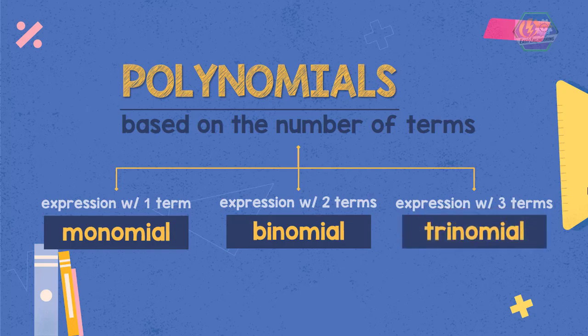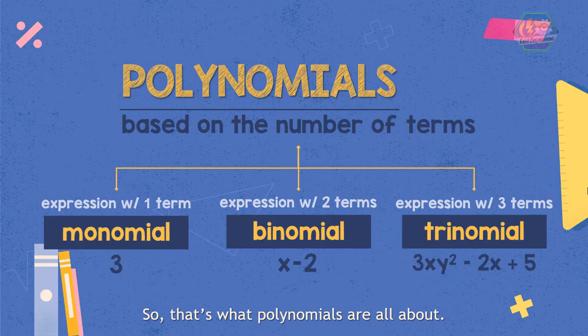If we have an expression 4x, this is called a monomial. Even a whole number like 3, for example, is called monomial. x minus 2 is an example of binomial because it has two terms, which is the x and 2. And 3xy squared minus 2x plus 5 is an example of trinomial because it has three terms.